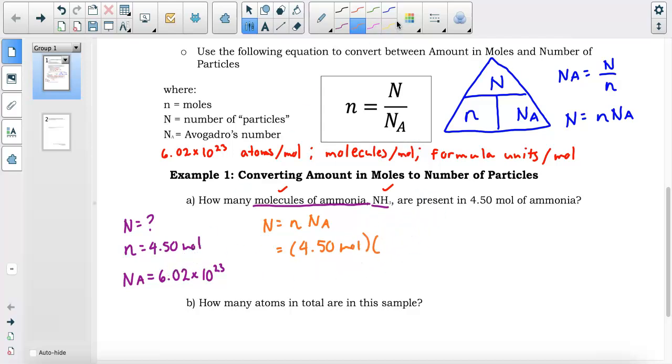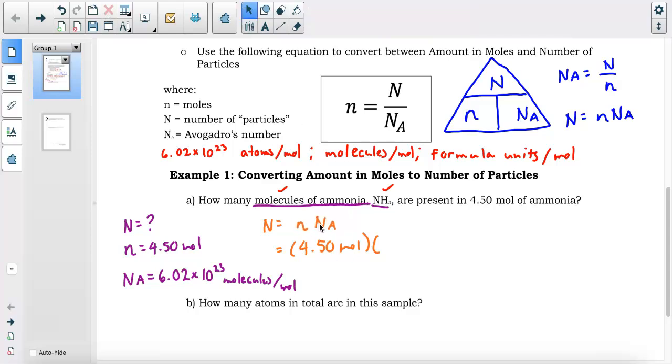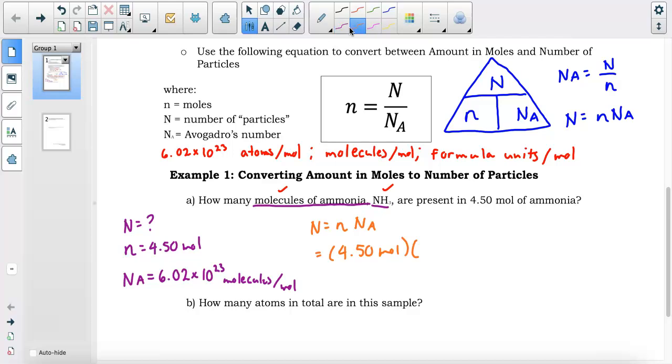Okay, what we can actually do here for Avogadro's number, since we're dealing with molecules, we can write this as molecules per mole. I'll just slide this over just a little bit here. Keep your work nice and organized. Okay, so we got a 4.50 mole.